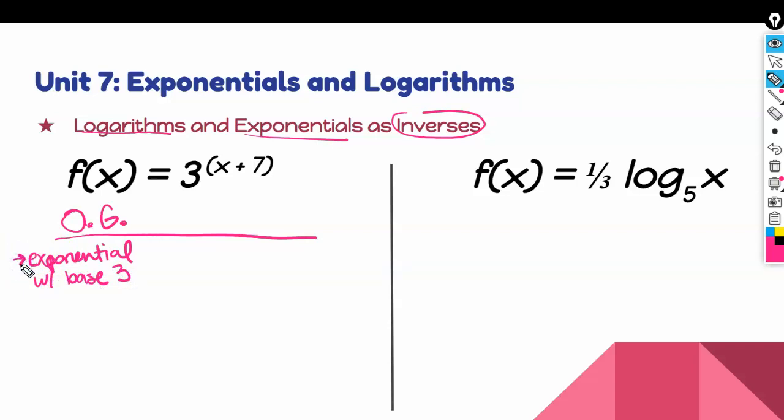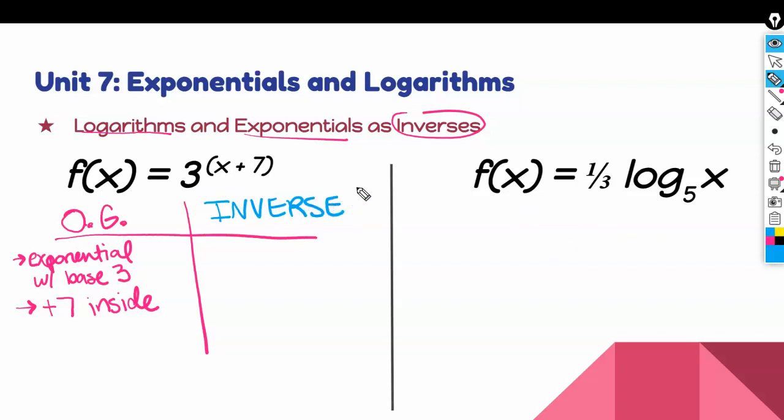That's one thing we got going for us. The other thing is that we have plus 7 inside with the x. Okay? Now, in my inverse, I'm gonna have the opposite thing.